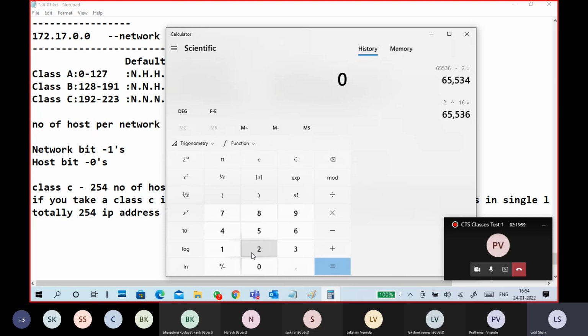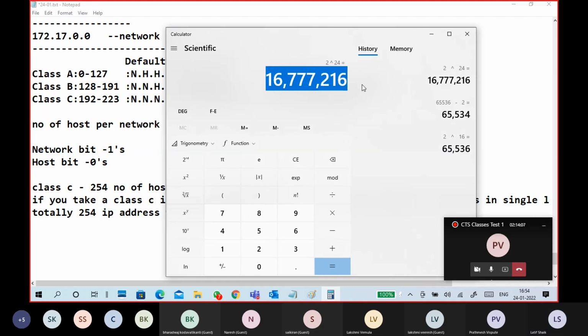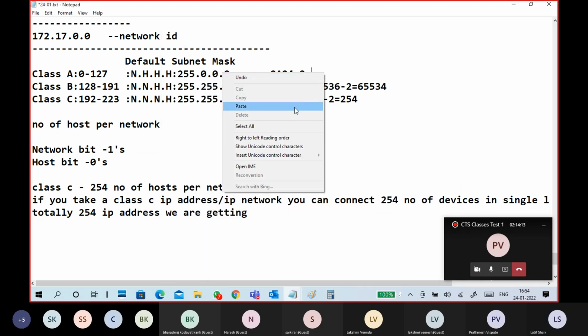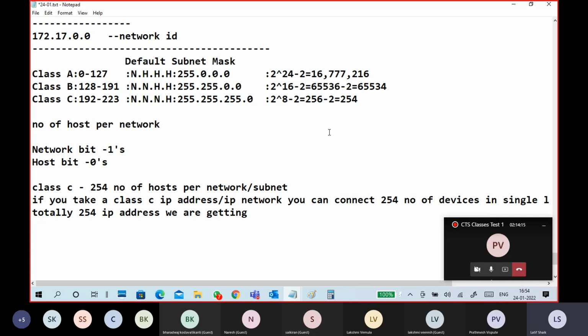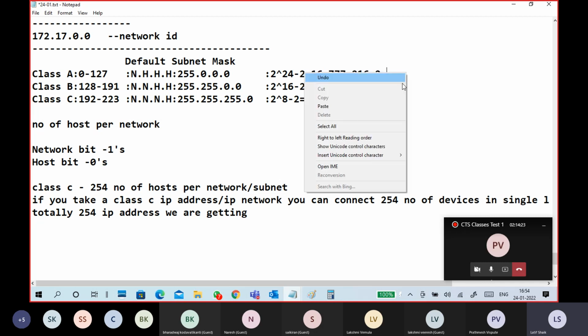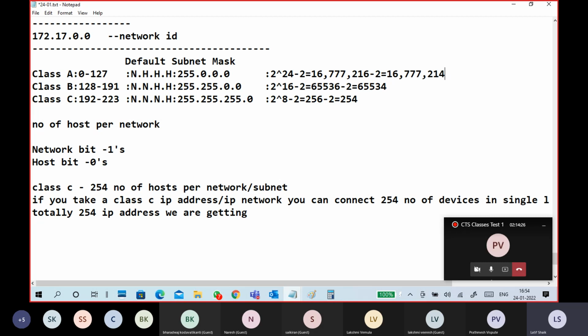So here it is 2 to the power of 24, which is 16,777,216. About 16 million devices we are able to connect, and there is a minus 2. Compulsorily you have to do minus 2.